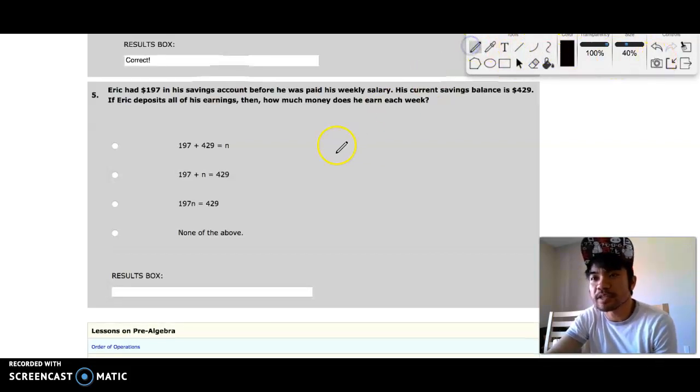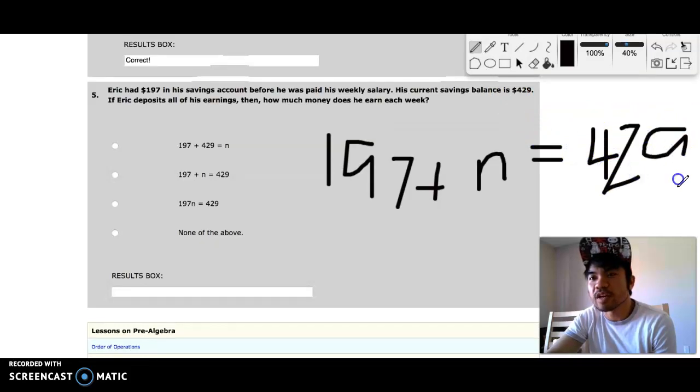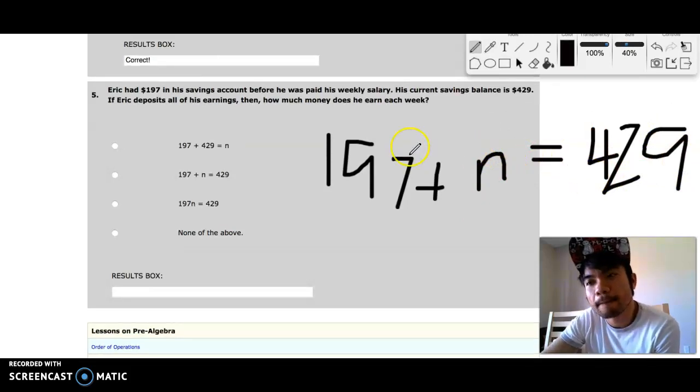I'm just going to quickly write this: 197 plus his weekly salary, and I don't know his weekly salary. His current savings balance is 429. I think it's B.